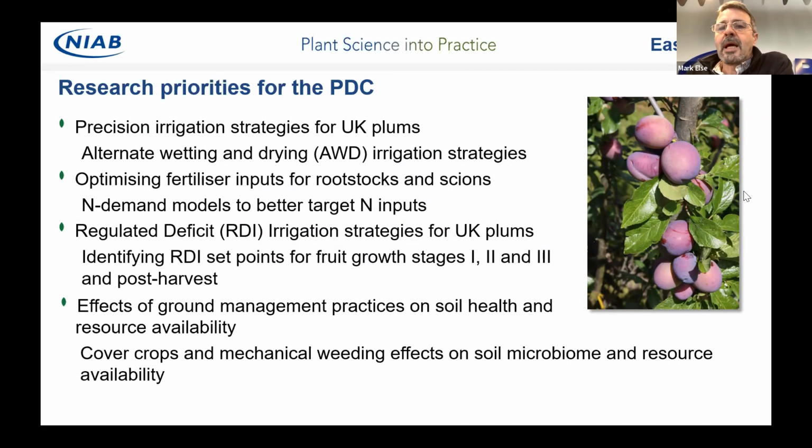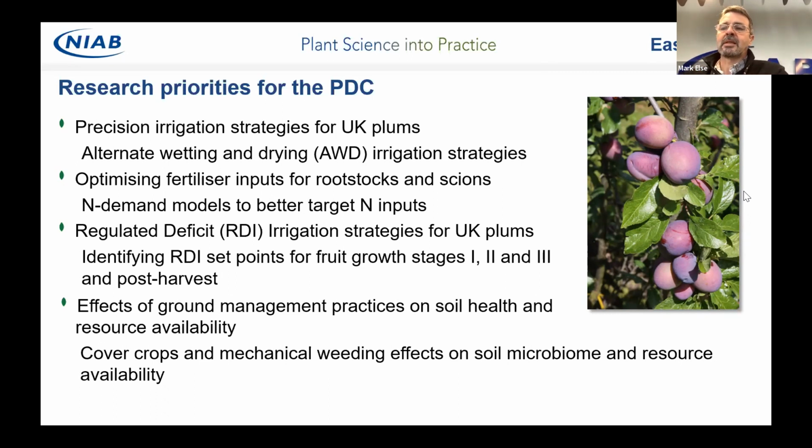how we might start to impose techniques such as regulated deficit irrigation that will allow us to use, I think, resources even more efficiently, and may also impact positively on fruit quality and shelf life potential, as well as some of the effects of ground management practices that we see in many orchards.